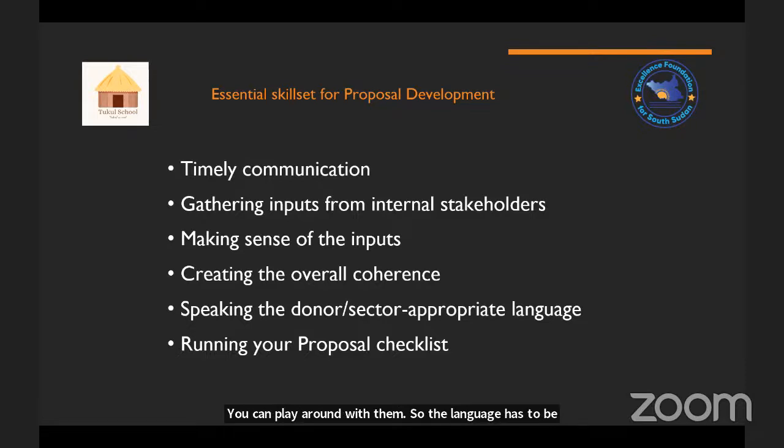Speaking the donor language means the language in your proposal ties in to the language in their strategy, in their list of priorities.